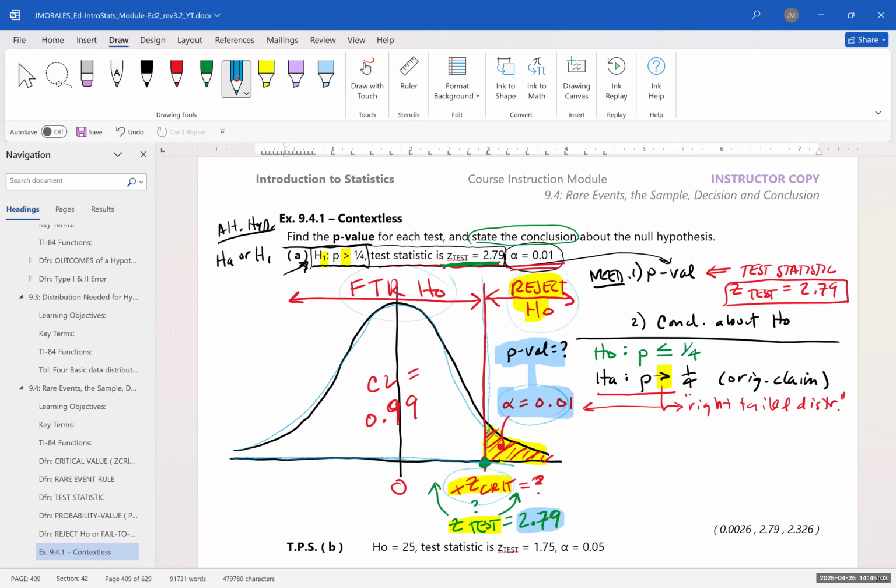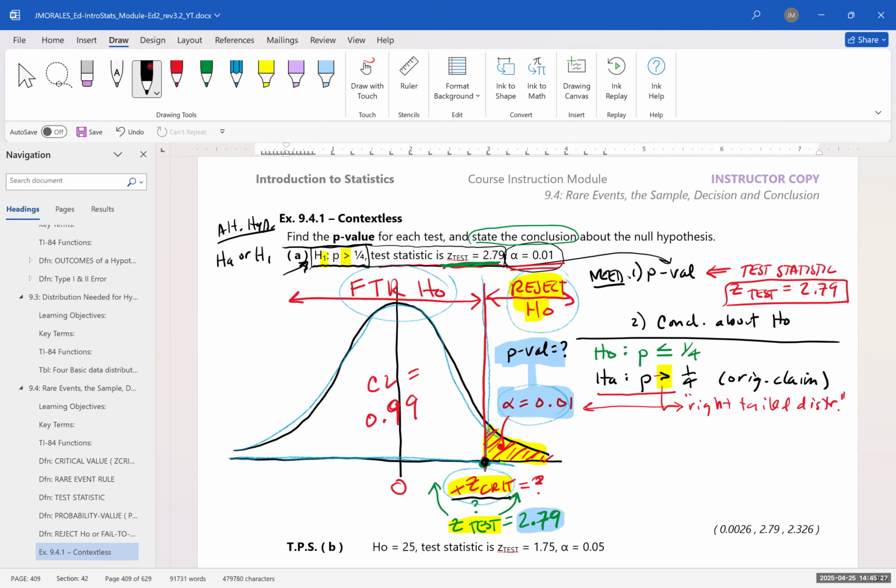So you see how you kind of just build out from drawing that distribution curve first. So always start with just drawing a picture and trying to fill in the parts that you know. Okay. All right. So how do we get some of this missing information? Well, let's first get the critical value.